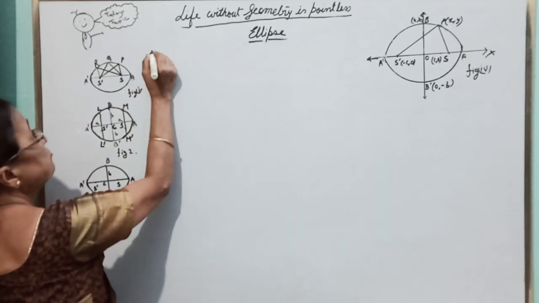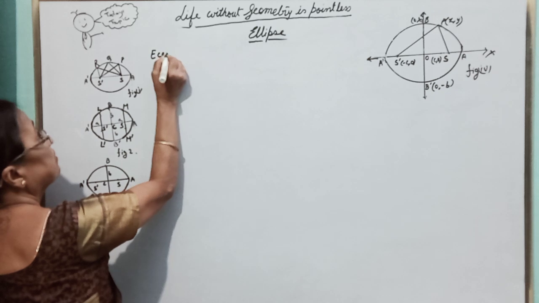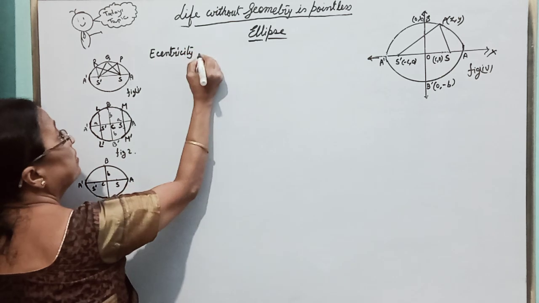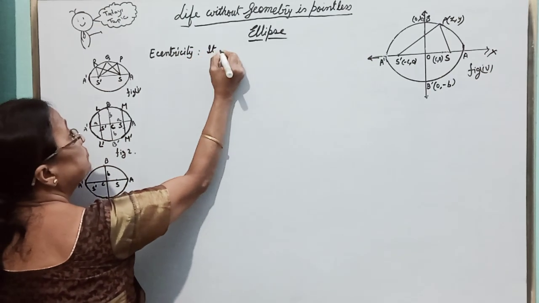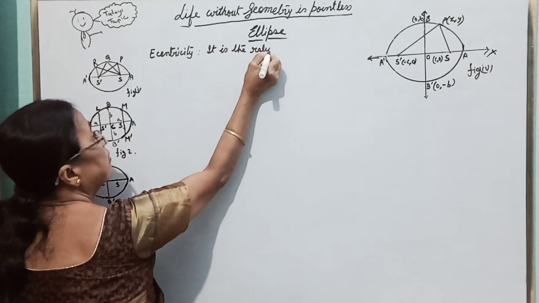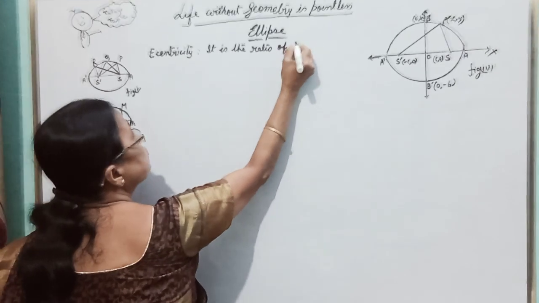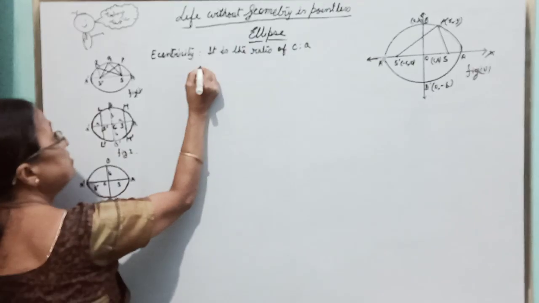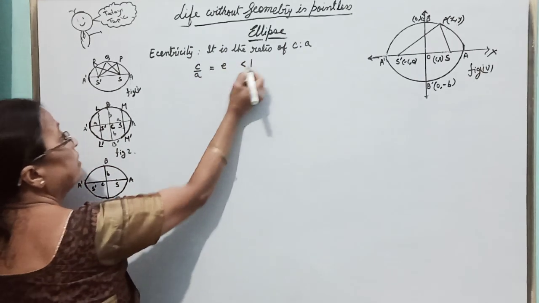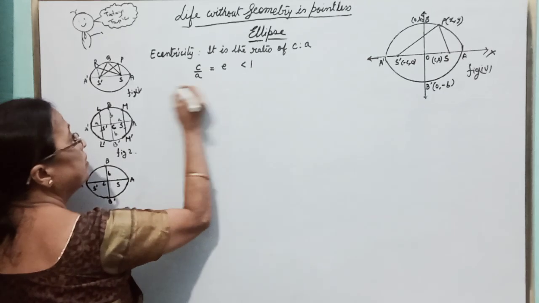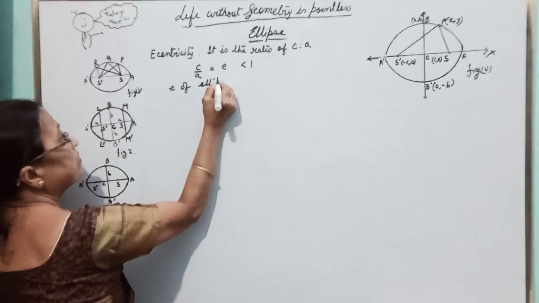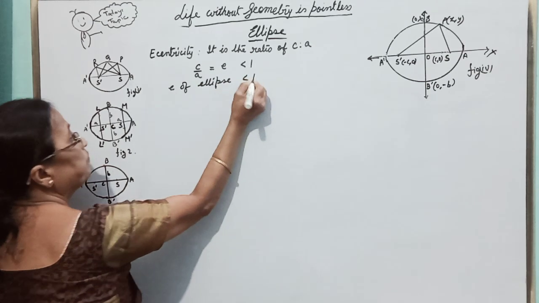Next we will do eccentricity. It is the ratio of C to A. Here C by A is equal to E. Obviously E is less than 1, so the eccentricity of the ellipse is less than 1.